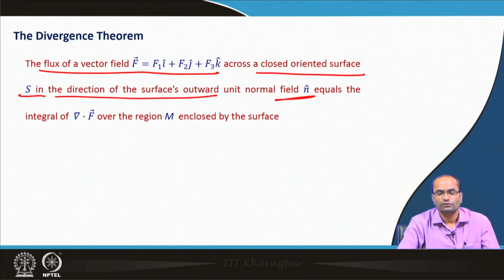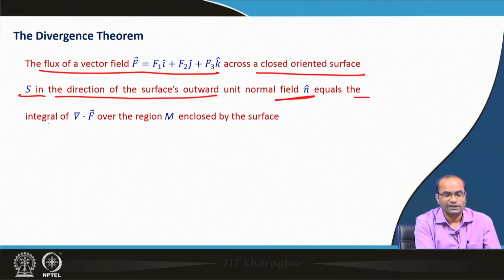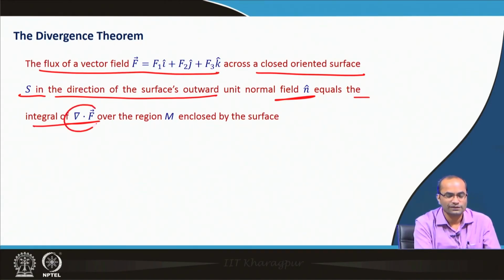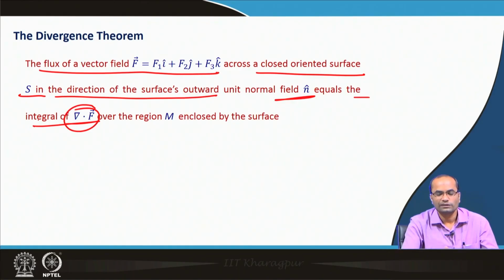So, we have the outward unit normal on this surface. This is equal to the integral of, so the flux means the f dot n. If we integrate the f dot n over the surface, that is equal to the integral of the divergence of f over the region M, which is enclosed by the surface.